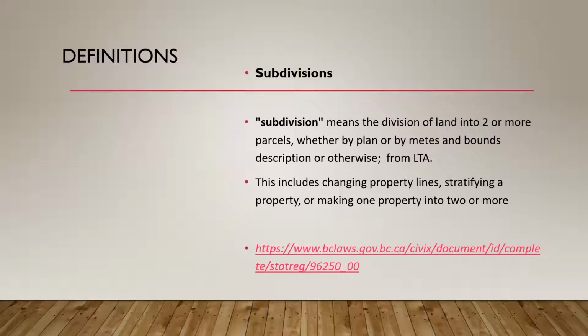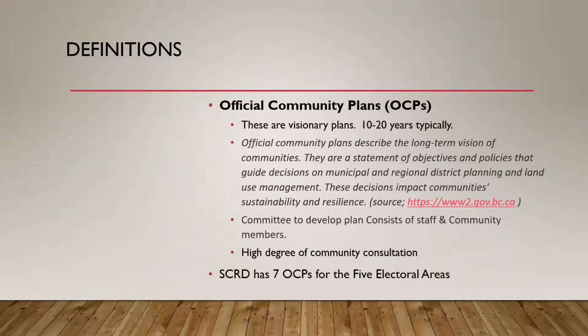So if it's a large lot, making it into more. So for example, let's say you have a property and it's large enough that you want to change it into two smaller ones, and you can go ahead and you can go through that process. I'm just doing basic definitions at the moment.